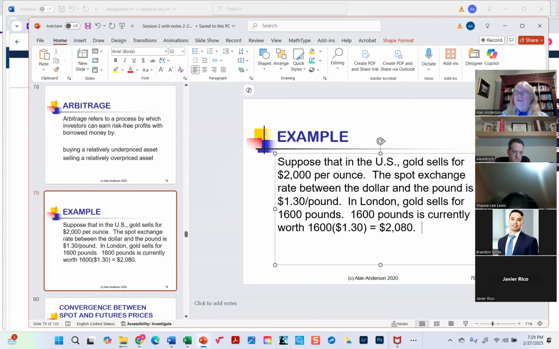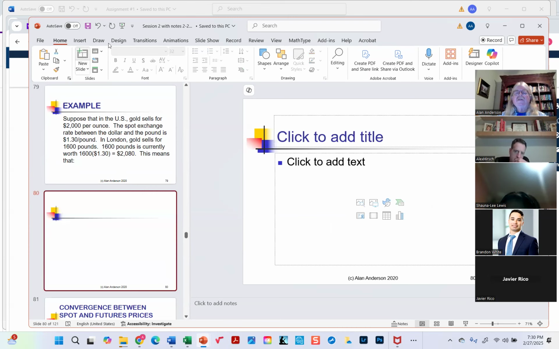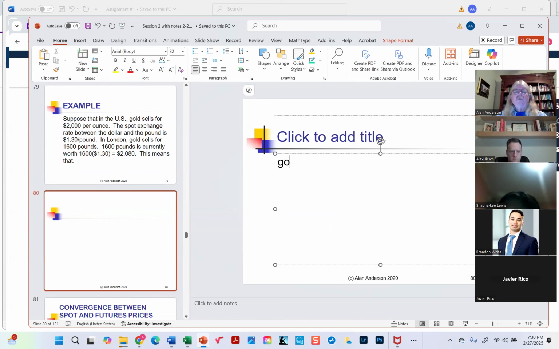So guess what? This means that, and of course, this is assuming that gold is the same in both countries. It's not like there's a quality difference or something. Gold is relatively overpriced in London.